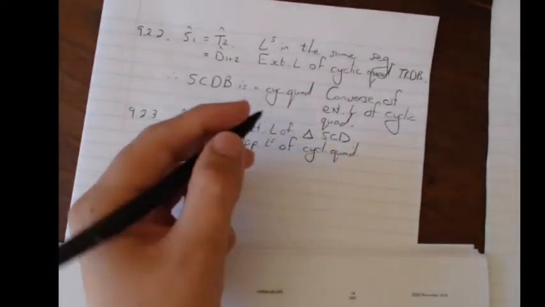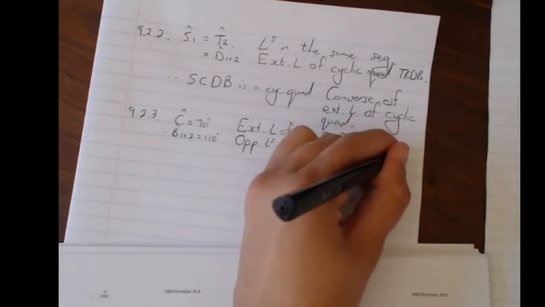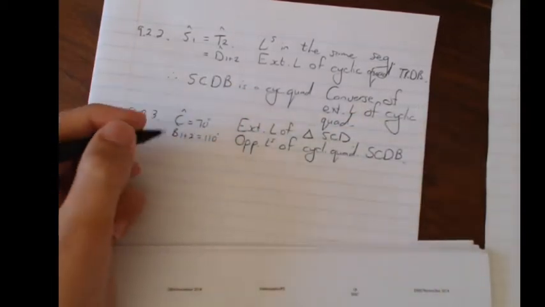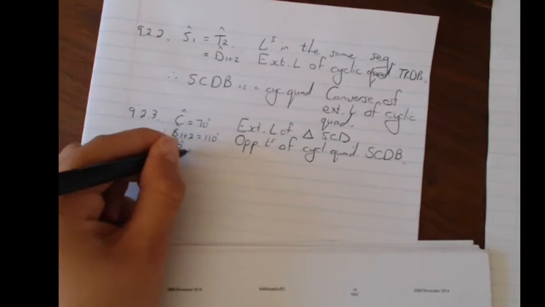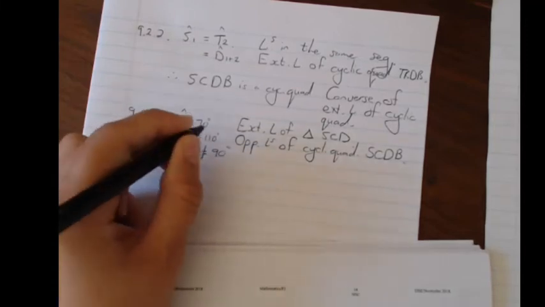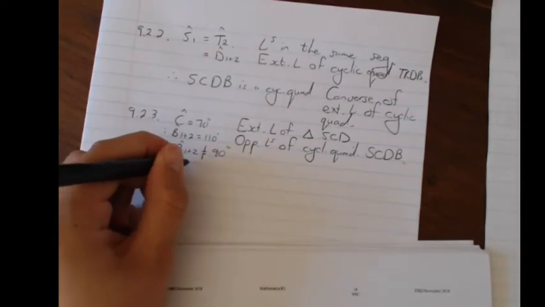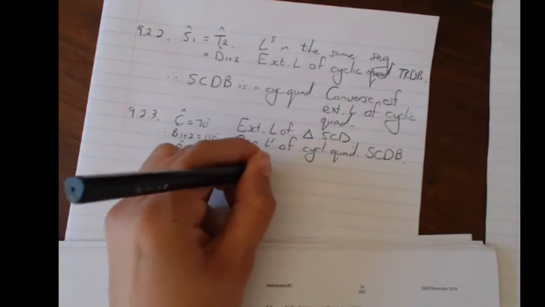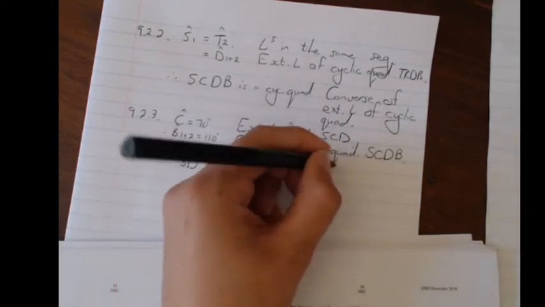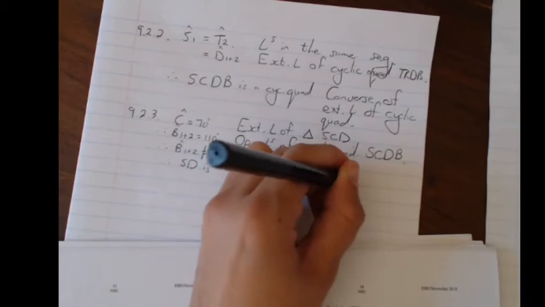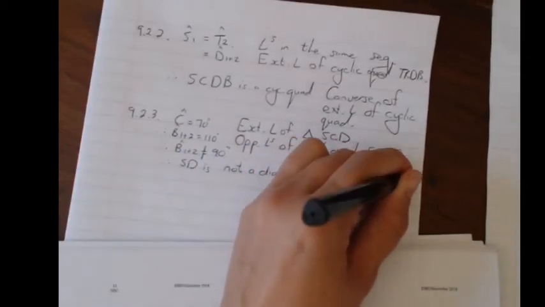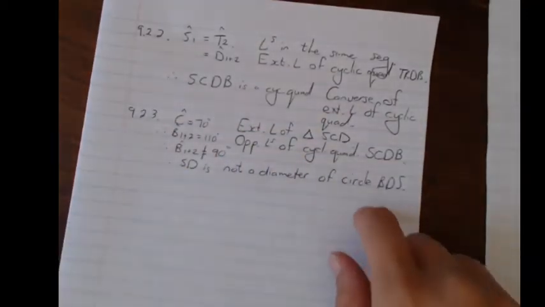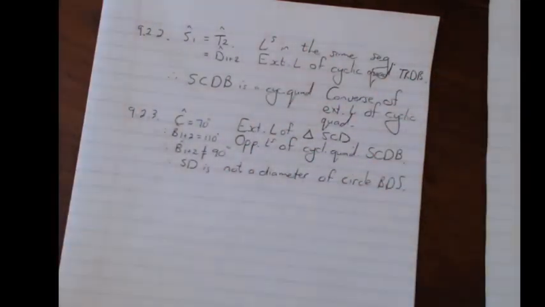So the opposite angles of cyclic quad SCDB are 180, that makes that 110, which means B1 and 2 is not 90 because it's 110, and that means that SD is not a diameter of circle BDS. Okay, because the angle in the semicircle is not 90, so that's not a semicircle, so it's not a diameter. That's question 9.2.3.